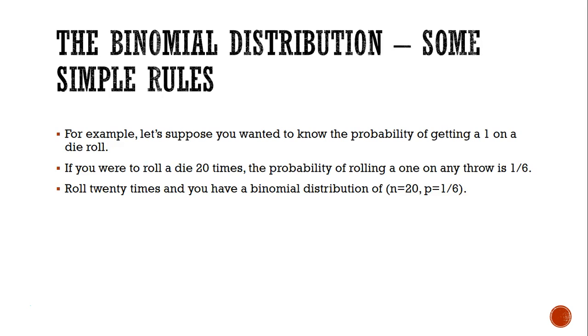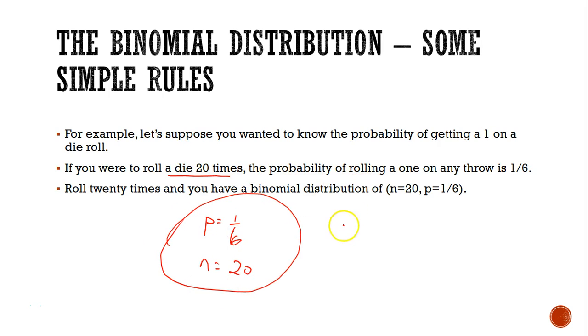Right, this is just a simple example. If I was to roll a die 20 times, the probability of rolling a 1 is 1/6, right? So in this scenario, P is equal to 1/6, and N is equal to 20. I've already given you a business correlation with my defects in 50 items.